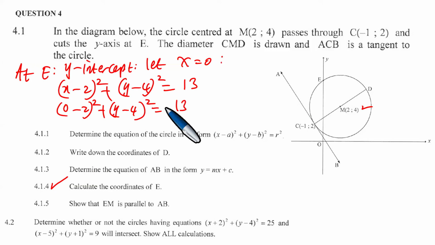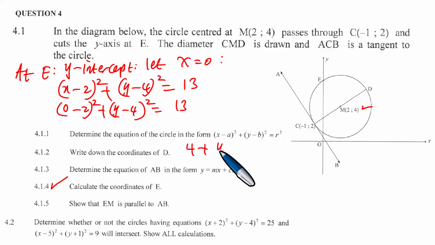And then what do we do here? We proceed as follows. We can tackle this question in many ways. So we simplify this, and now this is 0 minus 2, and 0 minus 2, you square that, it becomes a 4.